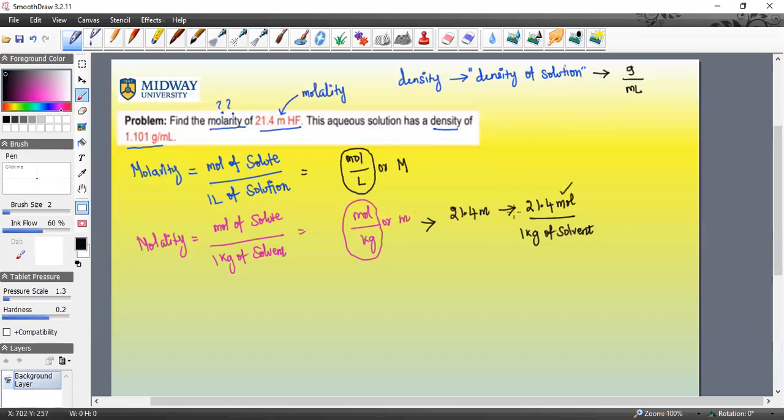So what we need to find is not the mass of solute or solvent. We need to find the mass of the solution, which is nothing but mass of solvent plus mass of solute. Well, again, the problem is complex, but it's got a lot of information hidden that as we dig deep, we're discovering, right?